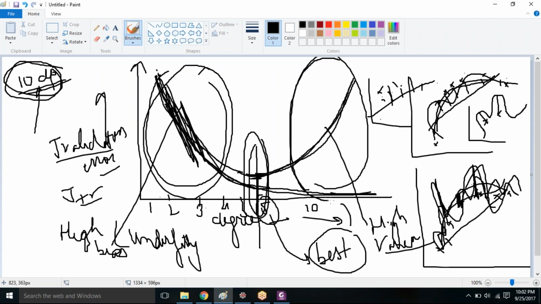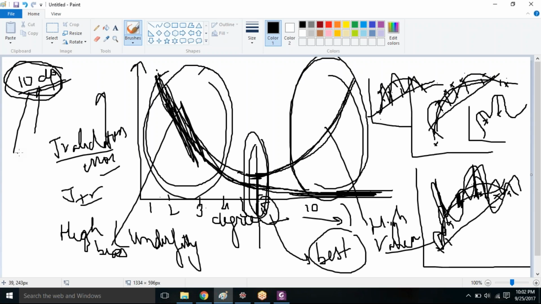And in this region of high variance, when you have a very high degree curve, your training error will be very low, almost zero, because it is fitting the training data exactly.